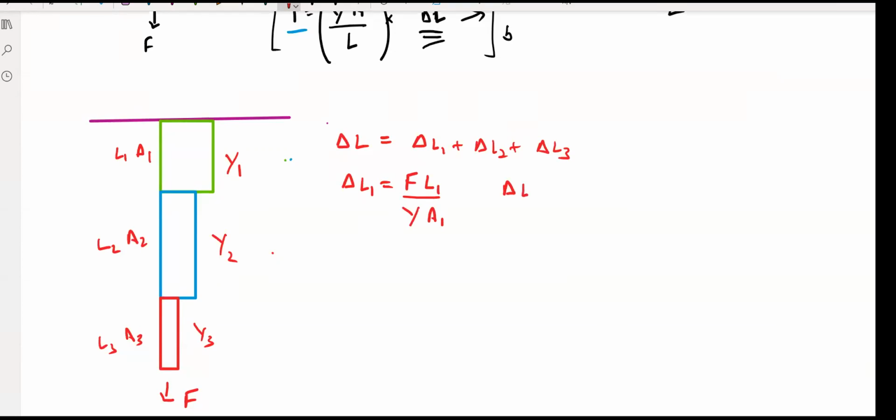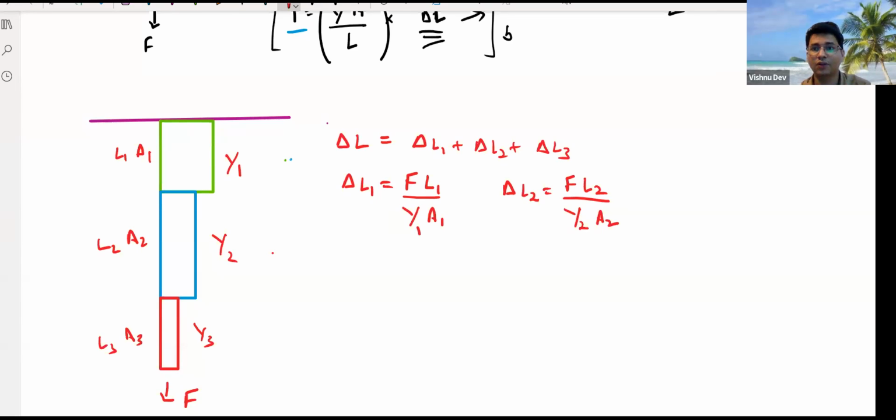Delta L2 is F into L2 by Y2 into A2. Yes or no? And delta L3 is F into L3 by Y3 into A3. Right? Yes or no?